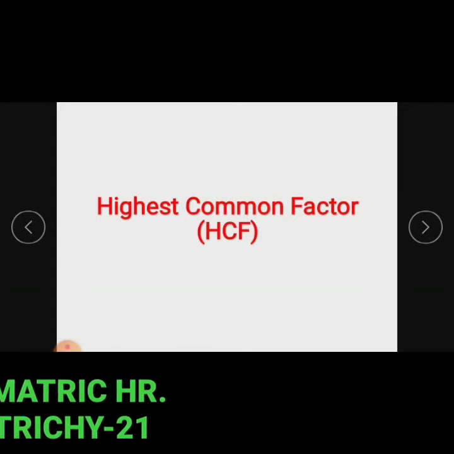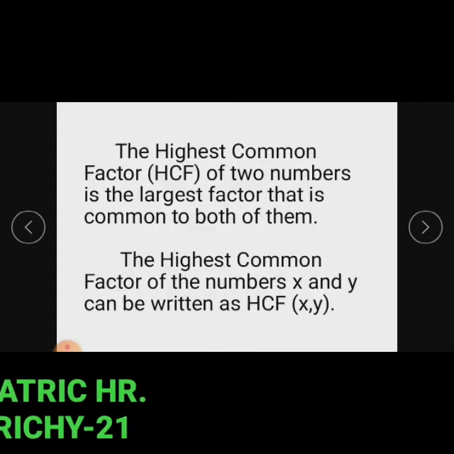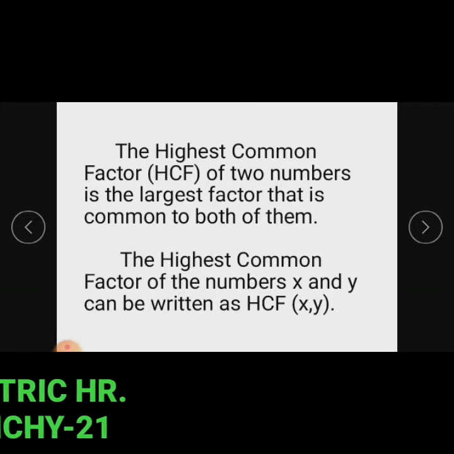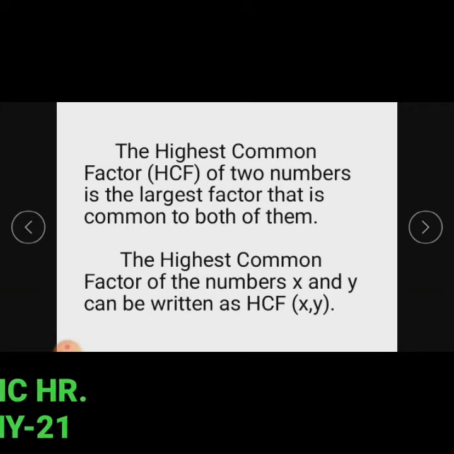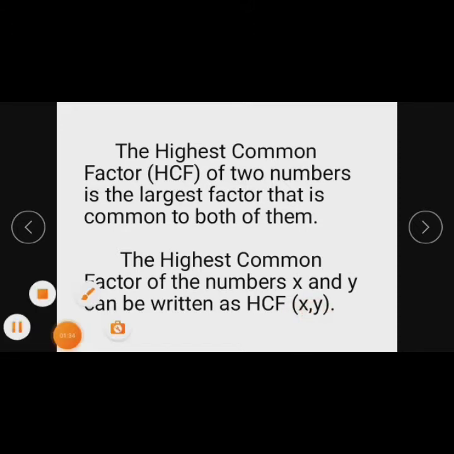Highest common factor, HCF. The highest common factor of two numbers is the largest factor that is common to both of them. The highest common factor of the numbers x and y can be written as HCF of x and y.